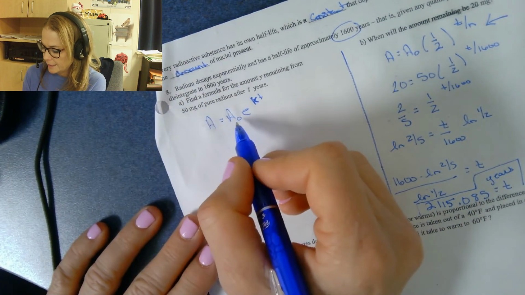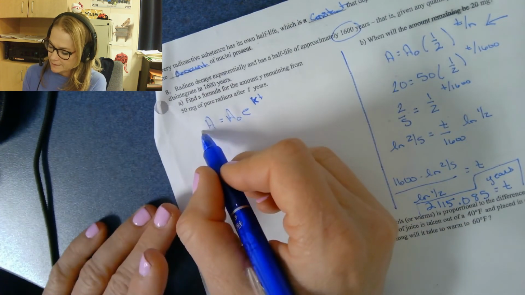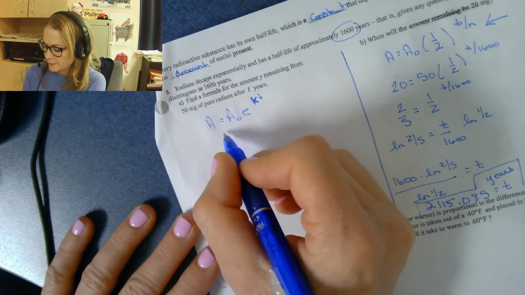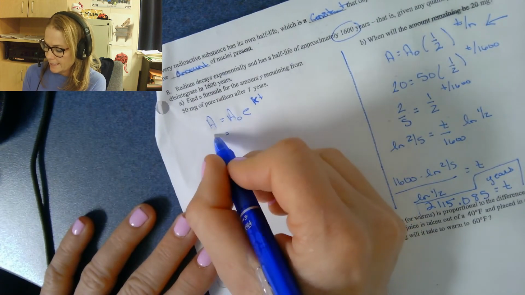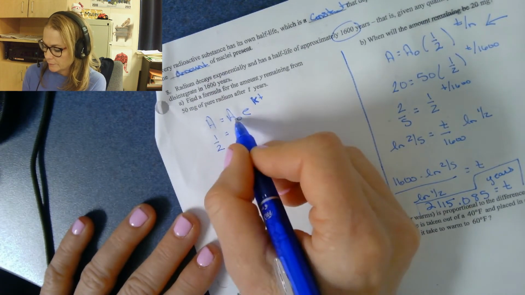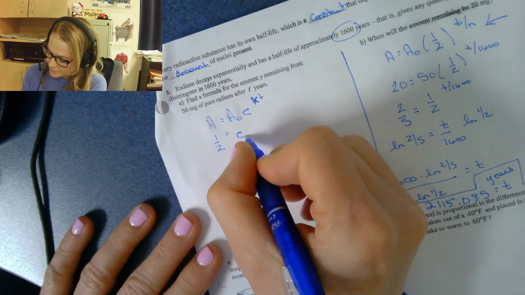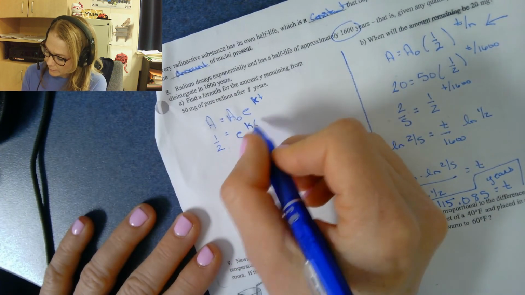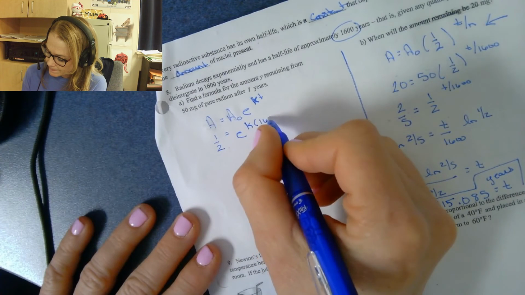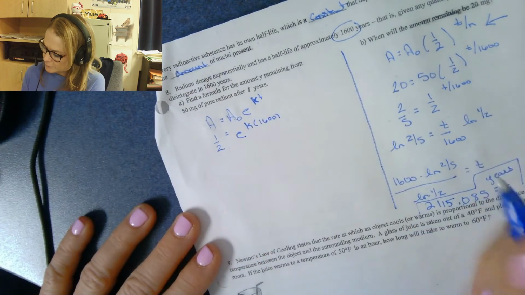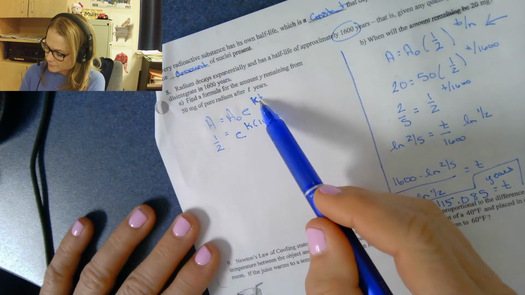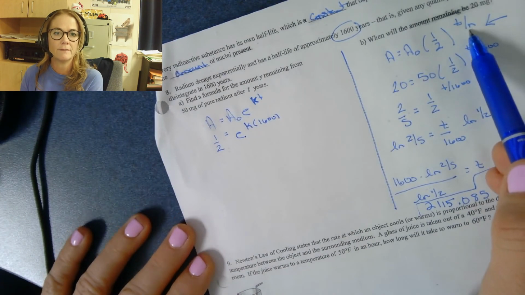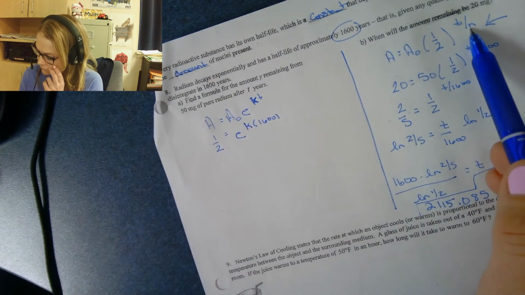We could use A sub 0, and what's the amount here? One half A sub 0. I could mark through the A sub 0s, but let's just use a hypothetical: started with 1, we ended up with one half, e to the kt. When will we have half? 1,600. That's why this is confusing: here the 1,600 goes into time, but in this one it goes in as that k value, that half-life value.